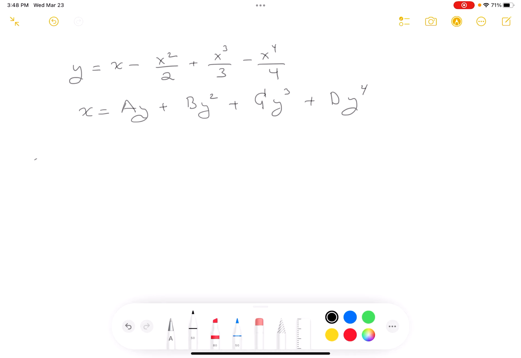So what are you going to get? x equals a times y.